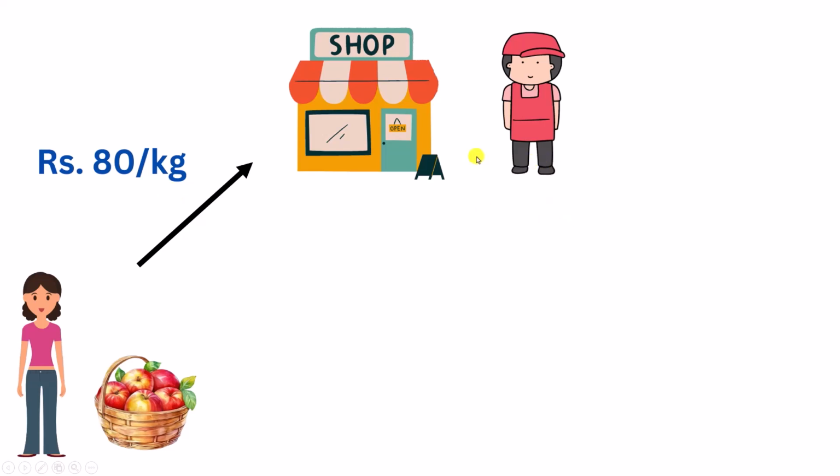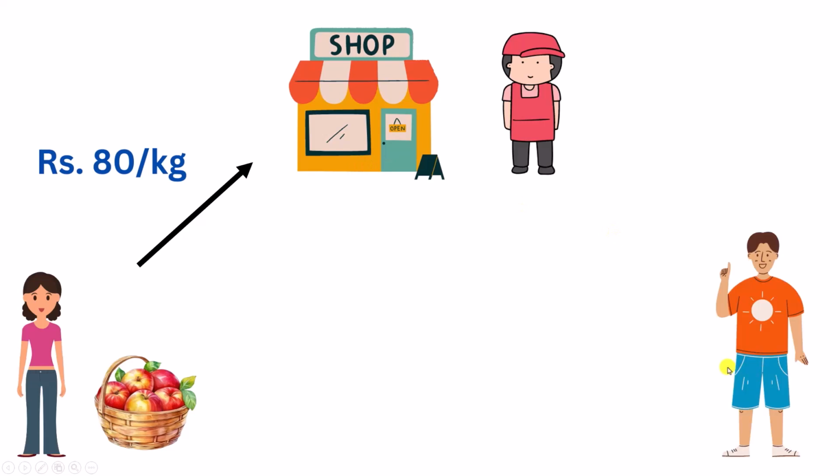Now this shopkeeper has the apples grown by her in his shop. This is a person who wants to buy apples. So he goes to this shop and says that he wants to buy apples.